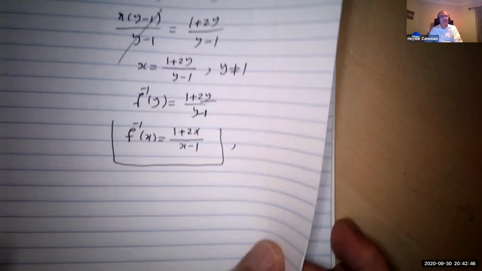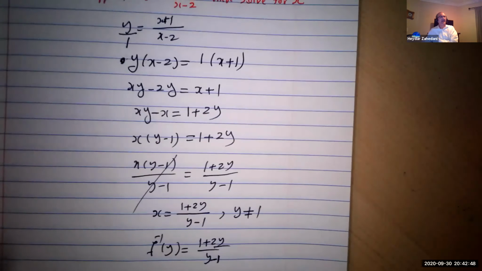Okay, that is the inverse function. We just used algebra to give you this definition of the inverse function. In the future, sometimes we can use geometry to find out whether a function is invertible, if you like, has the inverse or not.